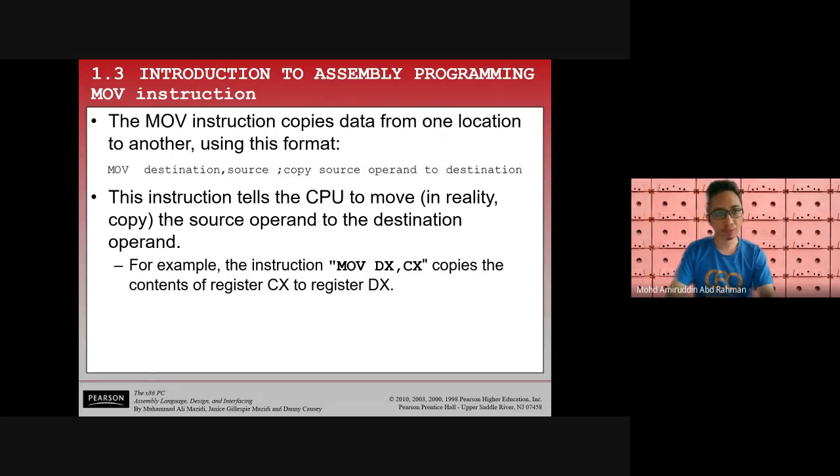For example, we have the instruction MOV DX, CX. So as we learn, what is D? D is data. X is 16-bit, so data in the 16-bit. So we need to move the data in 16-bit, and C, X. C is for counter for 16-bit.